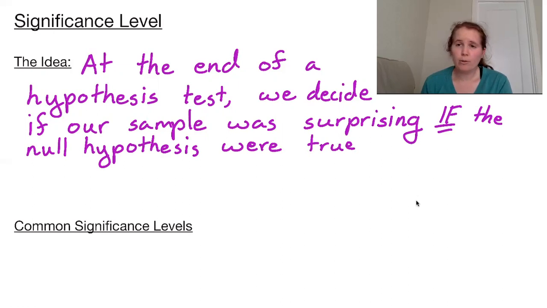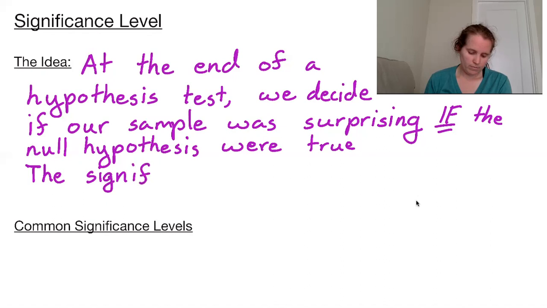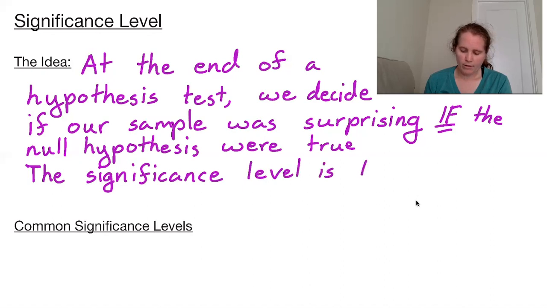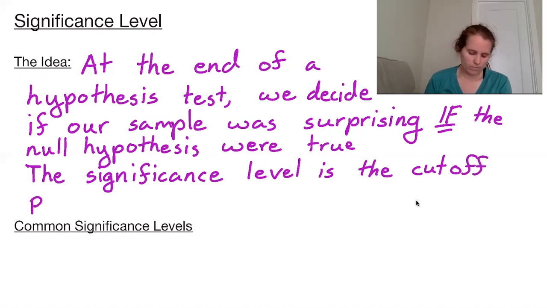Previously, we used 5% as our cutoff, but we're not stuck with that. So the significance level is the cutoff point for what is deemed surprising.